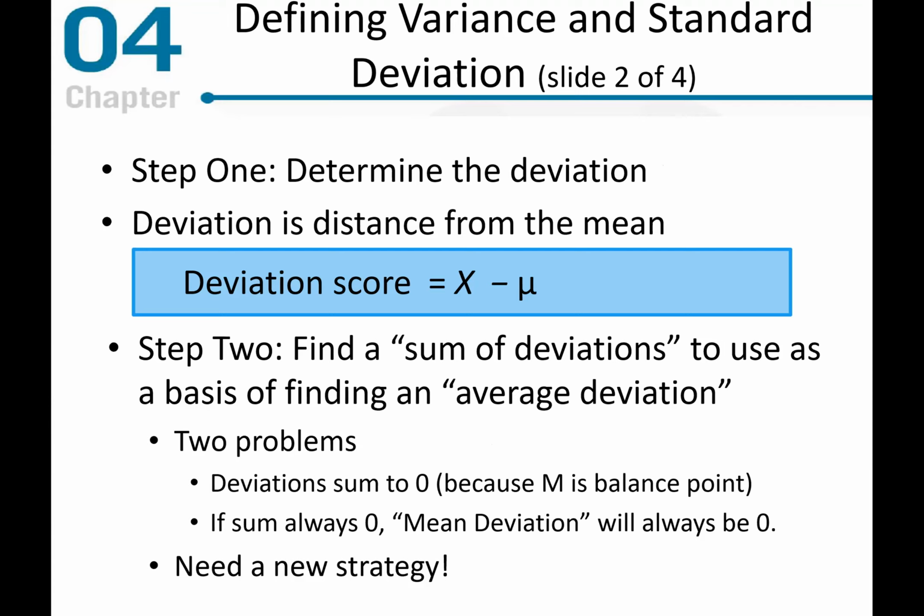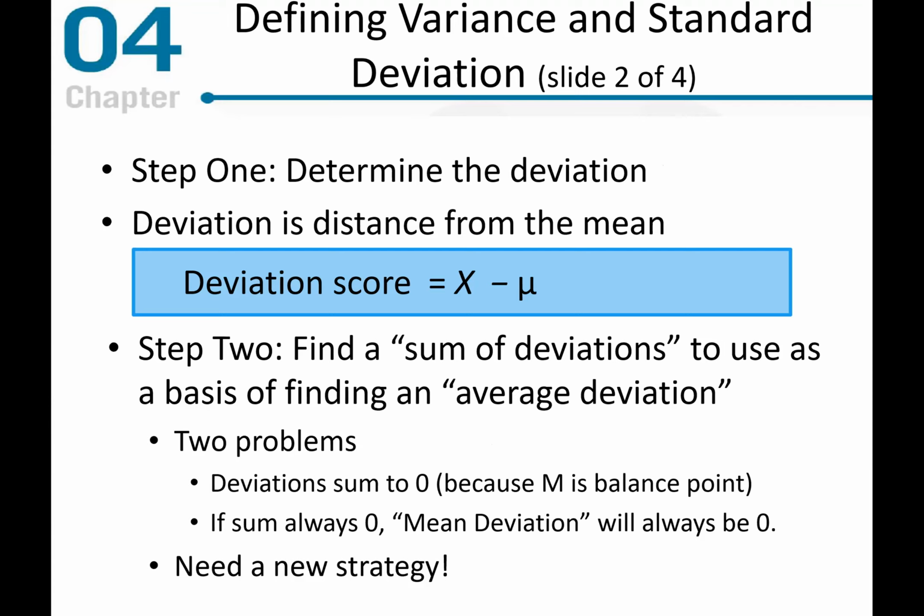And we kind of covered this last week, but I didn't explicitly state it, but that's because the mean is a balance point, right? So if we just add them all up, if we add up all the deviation scores, they're going to add up to zero.